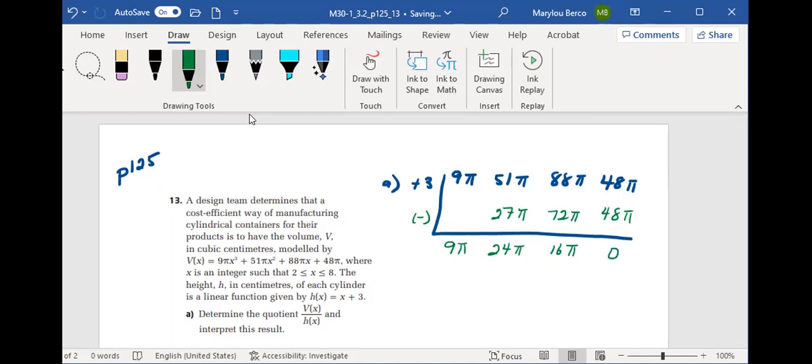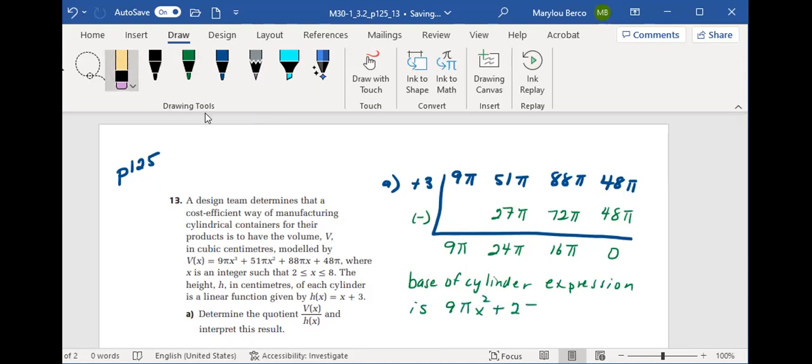So what we have is the expression that represents the base of the cylinder, which is 9 pi x squared plus 24 pi x plus 16 pi.